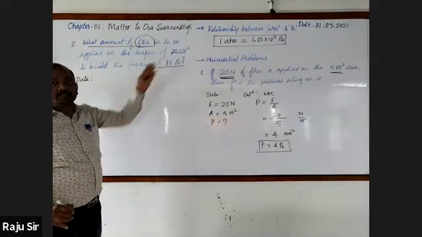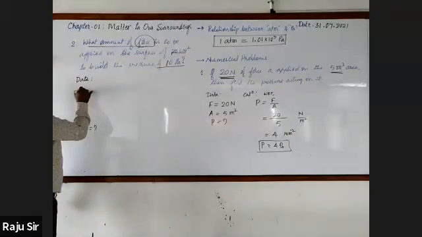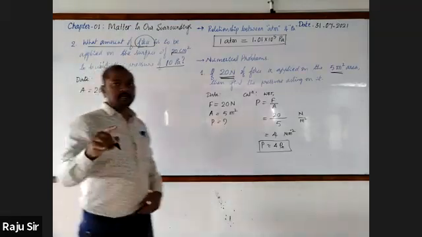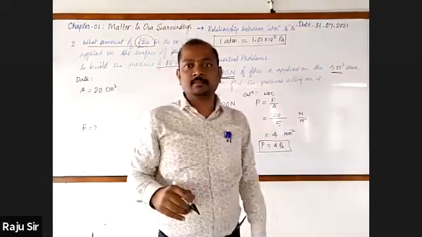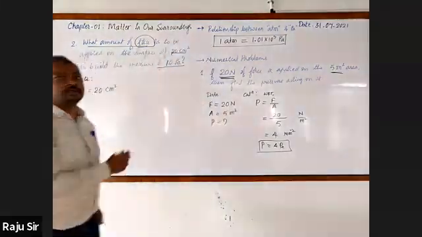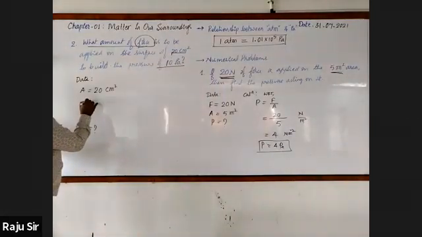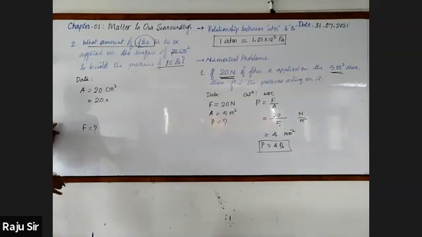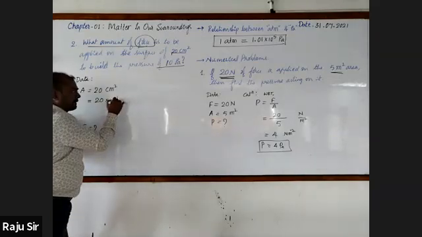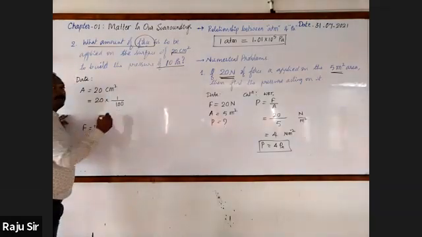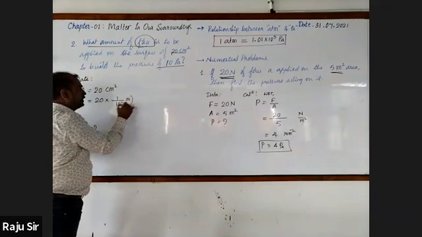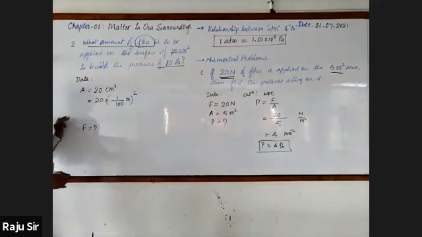The given area is 20 centimeters square. A equal to 20 centimeters square. But we all know that the SI unit of area is meter square.